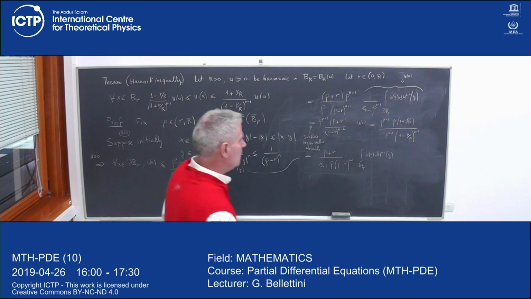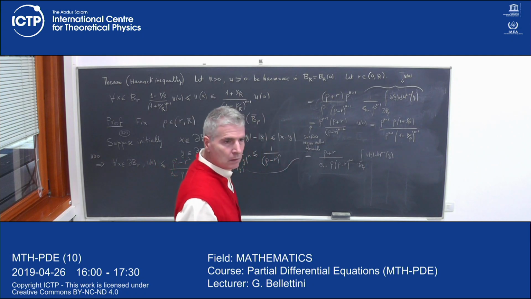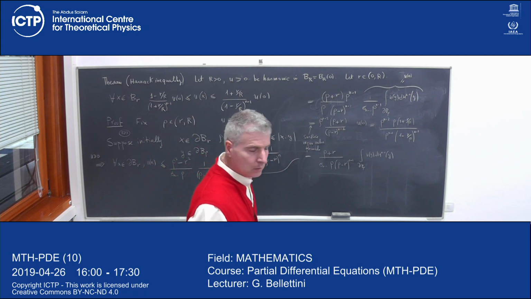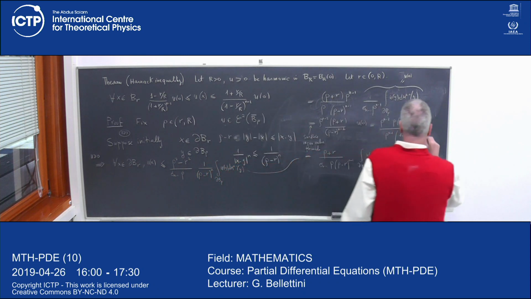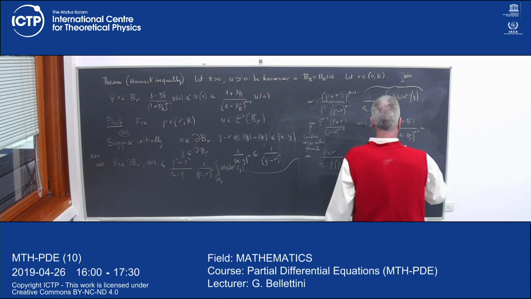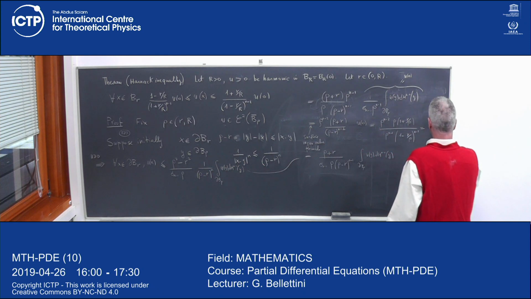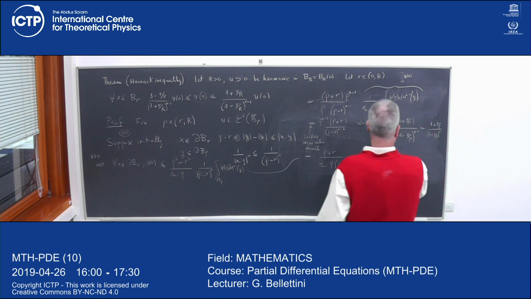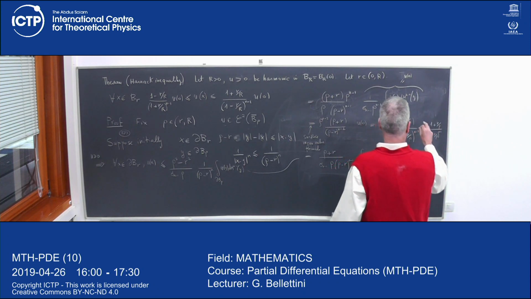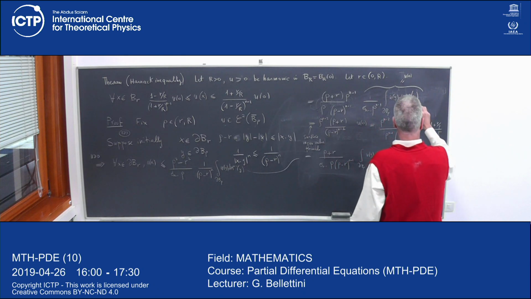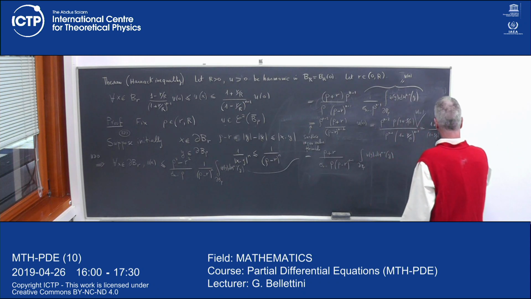And so I can divide here, and we have 1 plus r over rho divided by 1 minus r over rho to the n minus 1, multiplied by u of 0. So here there is u of 0, and here there is u of 0.